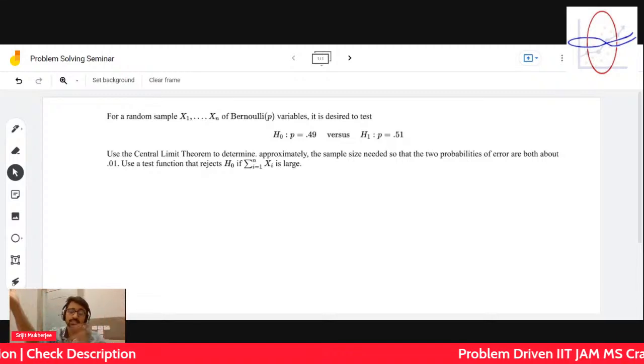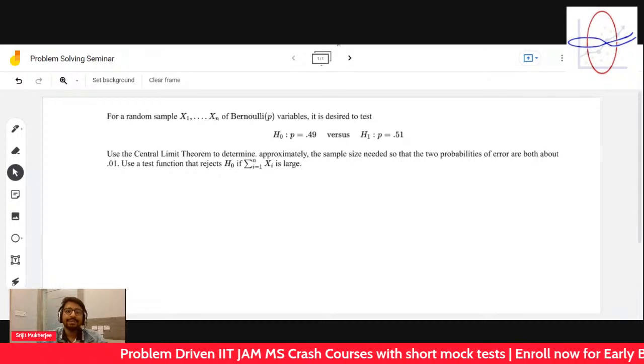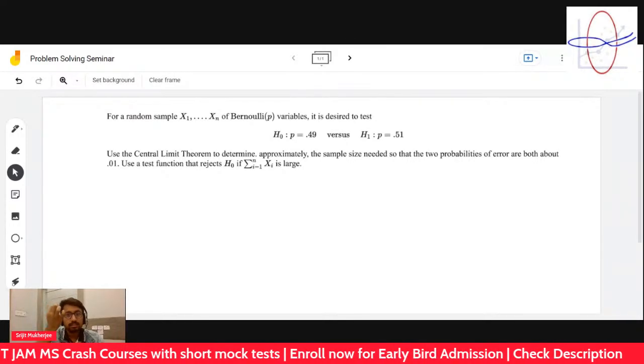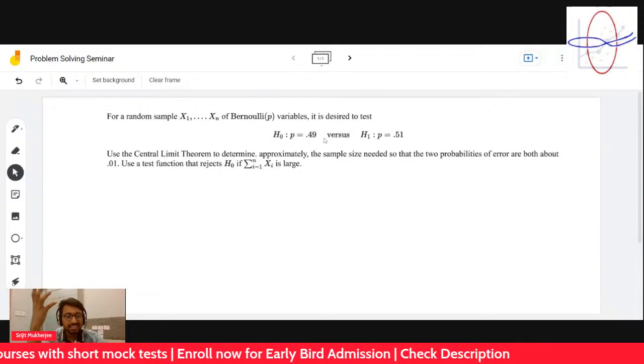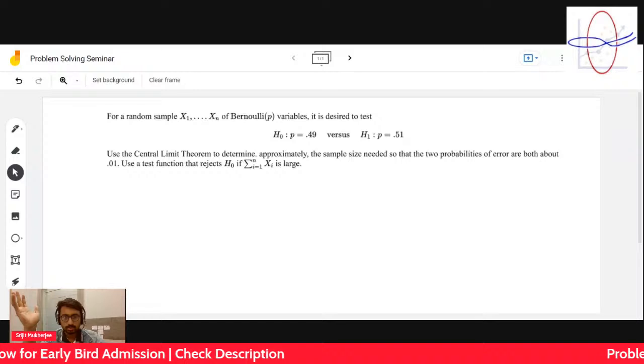So X1, X2, ..., Xn is a sample of size n from Bernoulli(P), and we have to test the hypothesis that P is equal to 0.49 versus P is equal to 0.51.